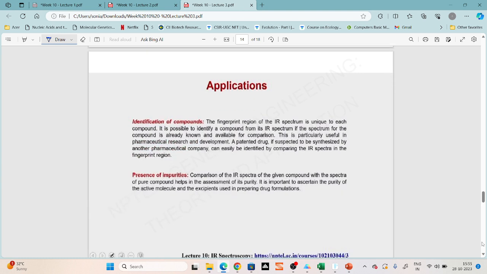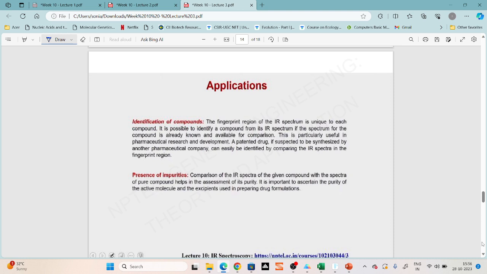Then identification of compounds. What is the meaning of identification of compounds? The fingerprint region of an infrared spectrum is unique to each compound. It is possible to identify a compound from its infrared spectrum if the spectrum for the compound is already known and available for comparison. Okay, so this is particularly useful in pharmaceutical research and development.